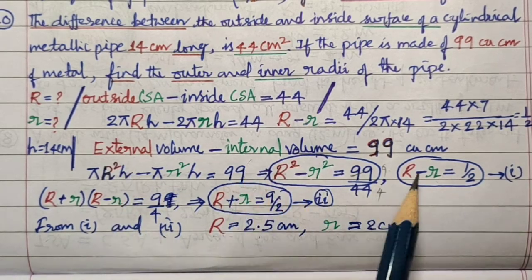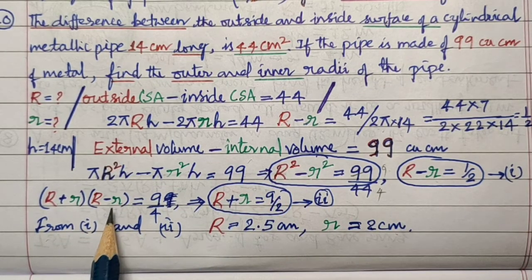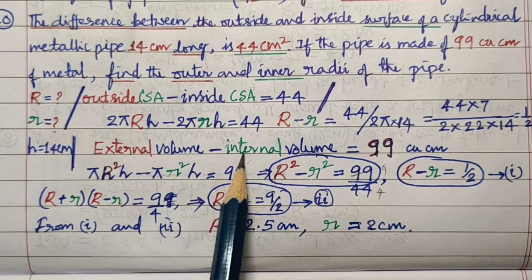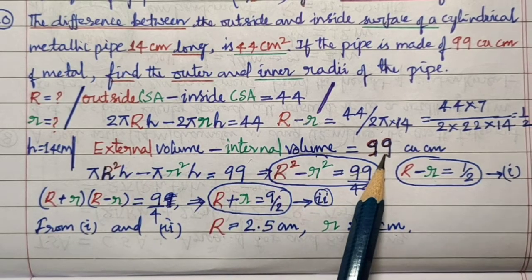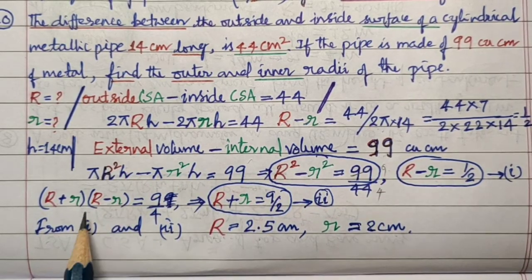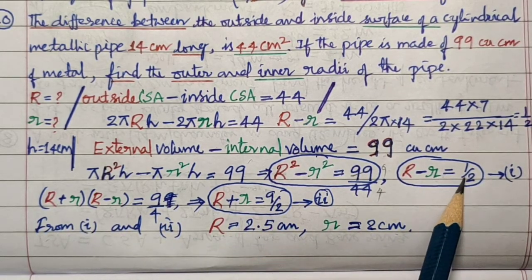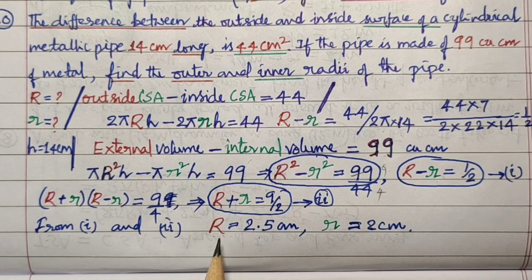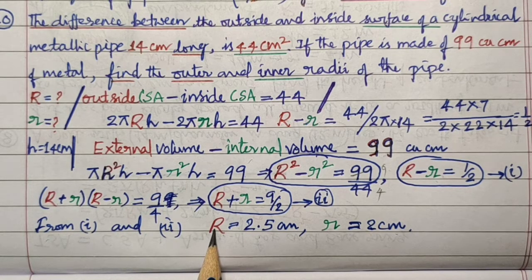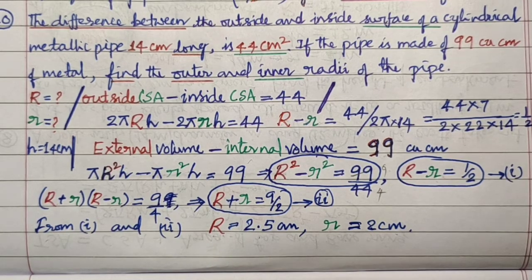From this we got R plus r into R minus r is equal to 9/4, using external volume minus internal volume is equal to 99 cubic centimeter. When you have two equations, R plus r and R minus r, we can easily find the two variables. This is the outer radius, and this is the inner radius.